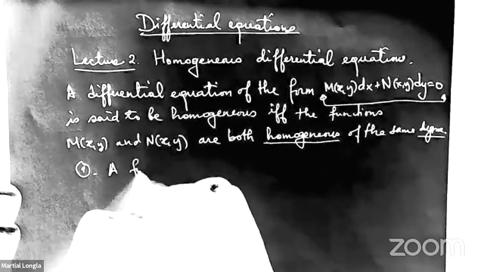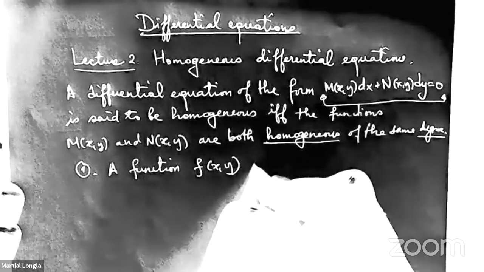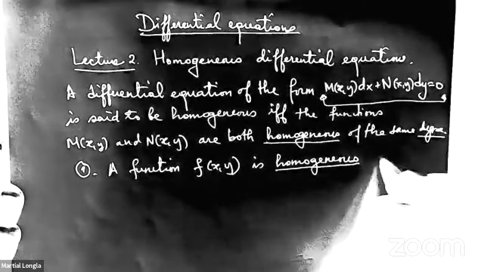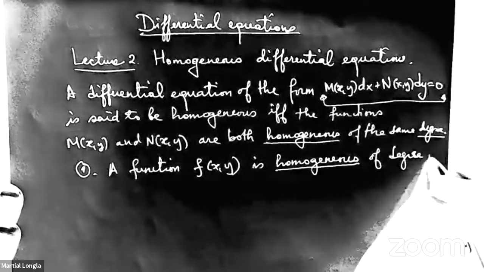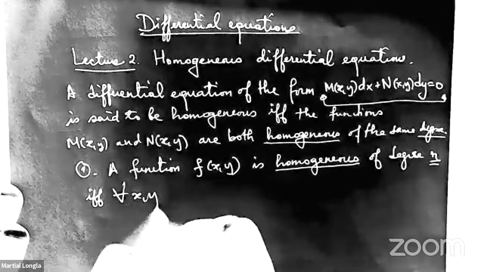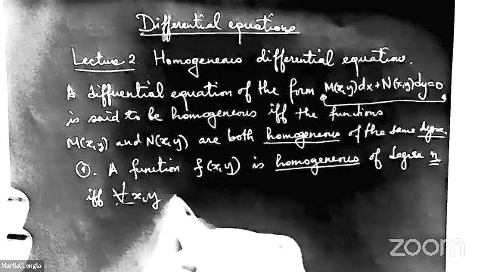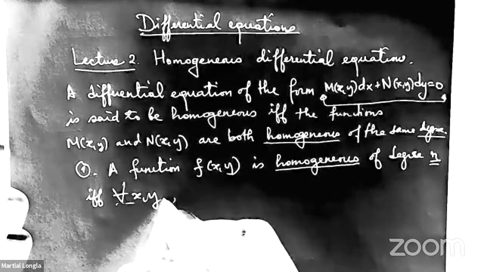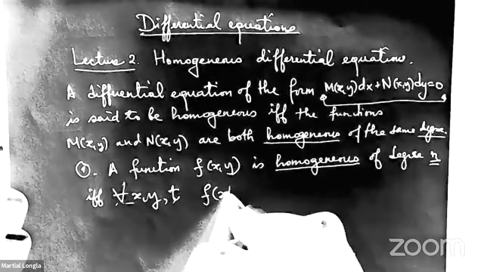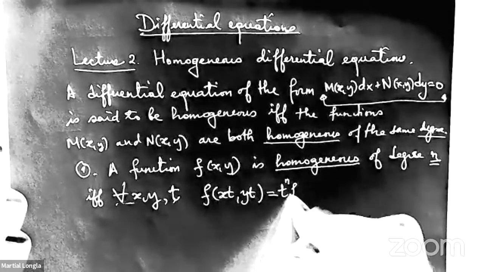A function f(x,y) is homogeneous of degree n if and only if for all x, y, and t, f(xt, yt) = t^n f(x,y).